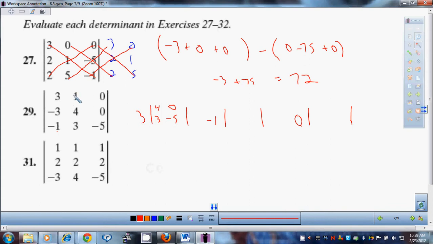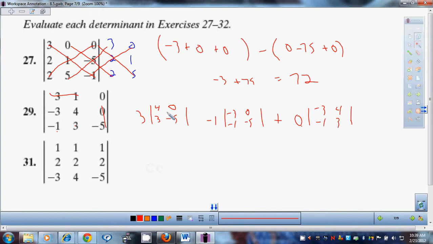Okay? All right. So, then I get the minor for my 1. Cross out everything in its row and column, and its minor is negative 3, 0, negative 1, negative 5. You don't have to. The minor for the 0 is negative 3, 4, negative 1, 3.